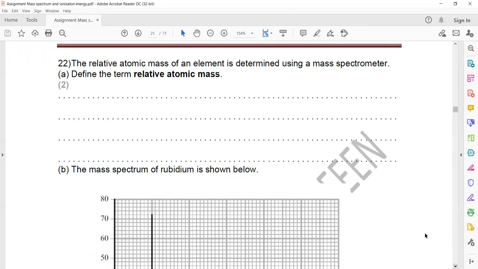Then define the term relative atomic mass. It is the average mass of an atom compared with carbon 12.